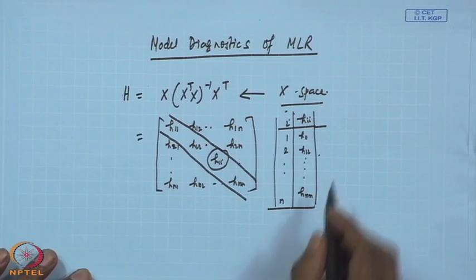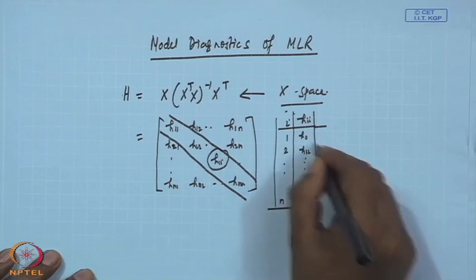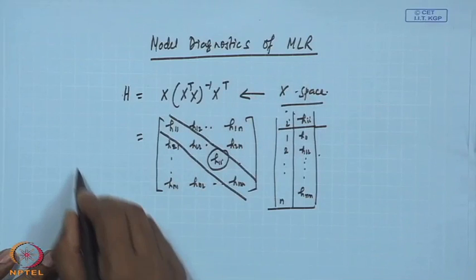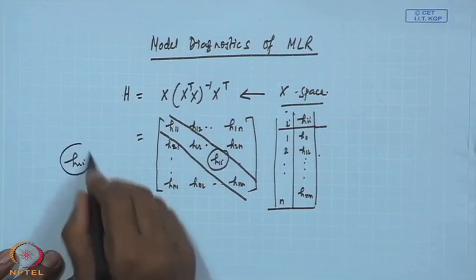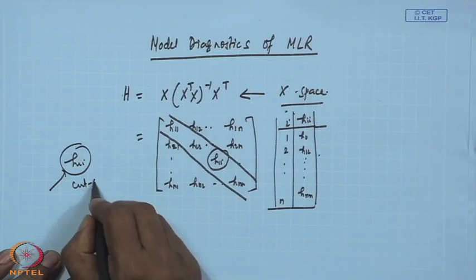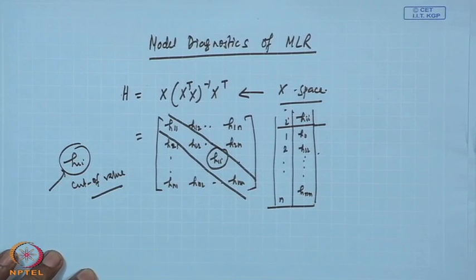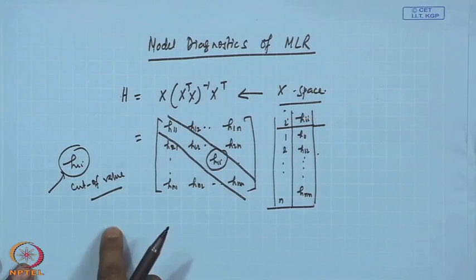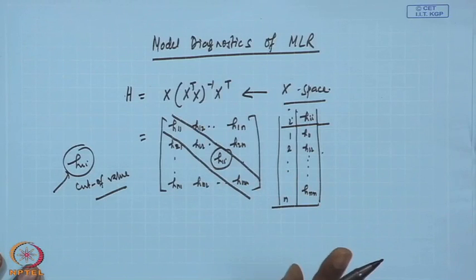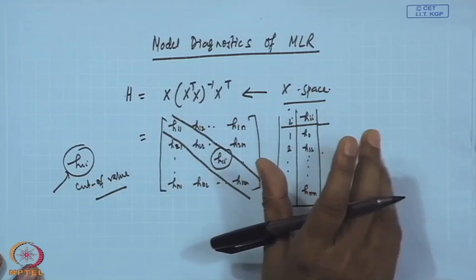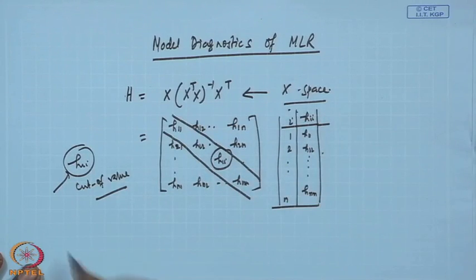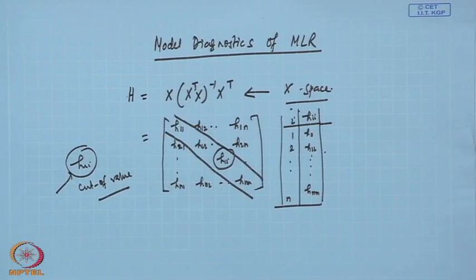Now, what will be the cutoff value for Hii? That means, when do we say that the observation is influential, or is a leverage point? There must be a cutoff value.